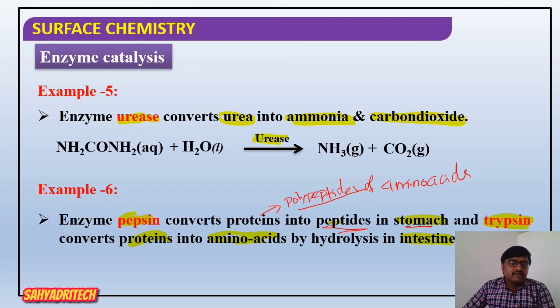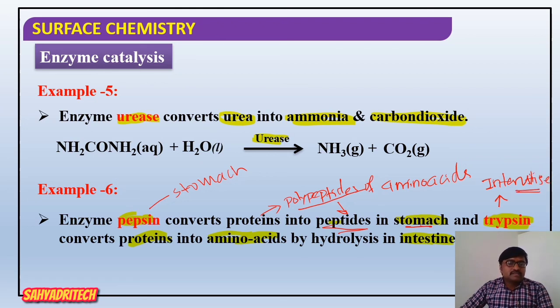In the stomach, higher polypeptides are converted into lower peptides, while in the intestine all types of proteins are digested, that is, polypeptides are converted into amino acids.